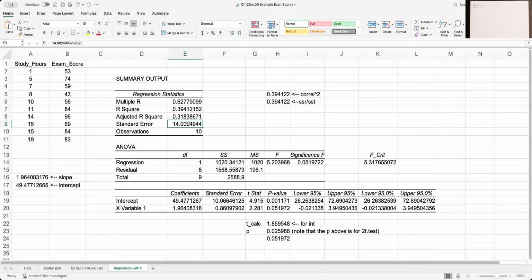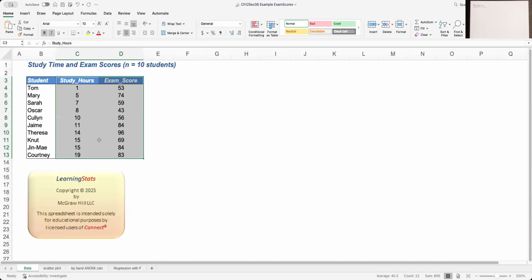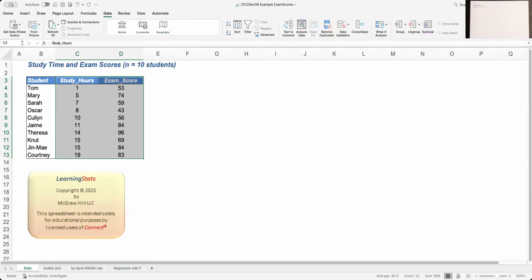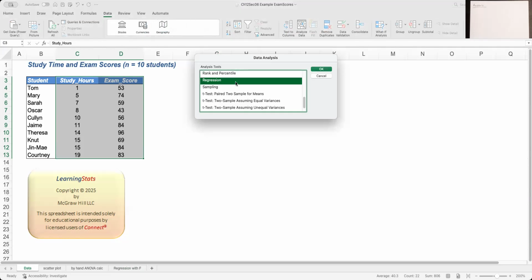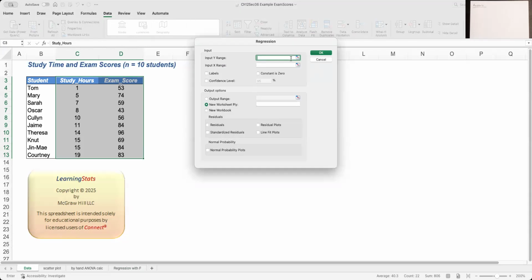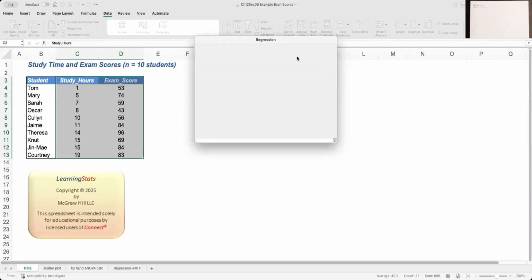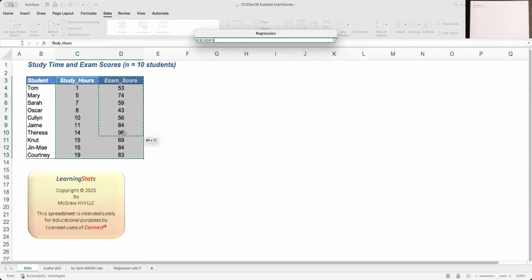I could do the actual then residual for each value. I have to do that directly from the data. So let's go back and do that in our data analysis. Regression. Y range is exam score.